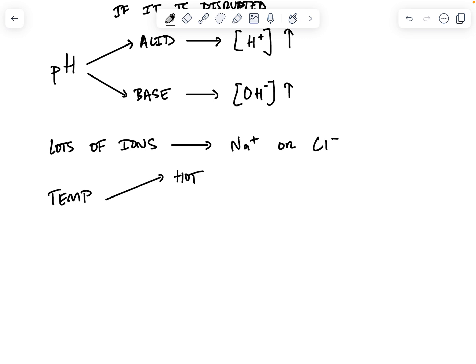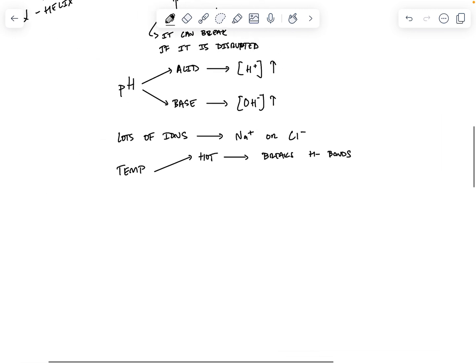And when the temperature is hot, these atoms are moving around a lot faster, and hydrogen bonds break. So, hot temperatures can break hydrogen bonds.